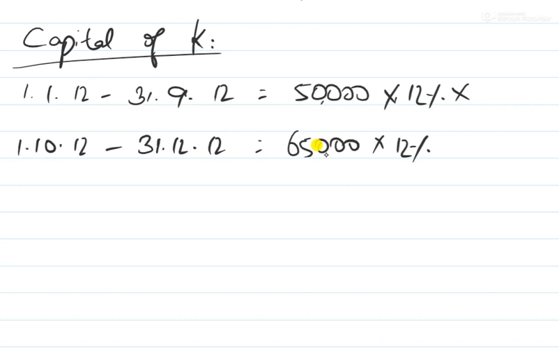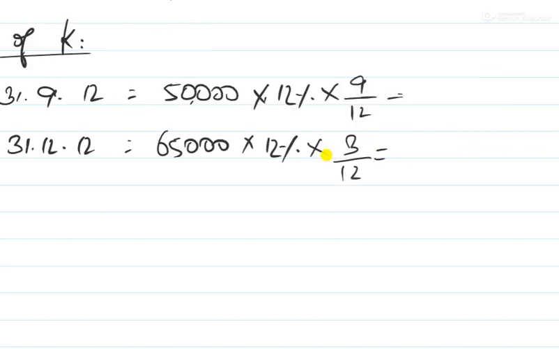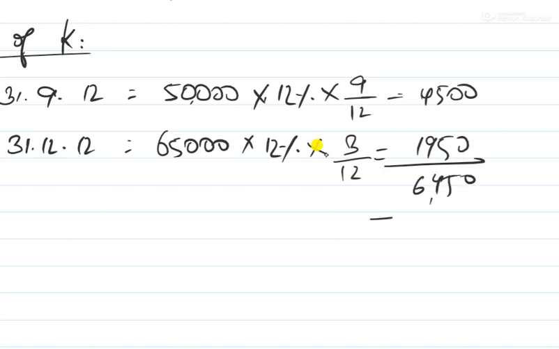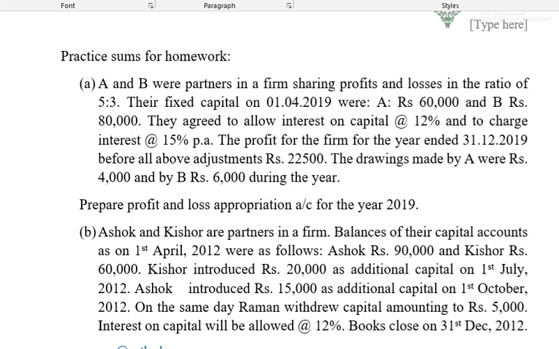From January till September, right? So 9 months, 9 by 12, and here from October to December, 3 months. So this will be 4,500 and this will be 1,950, which is equal to 6,450. So this is the total interest on capital for K.